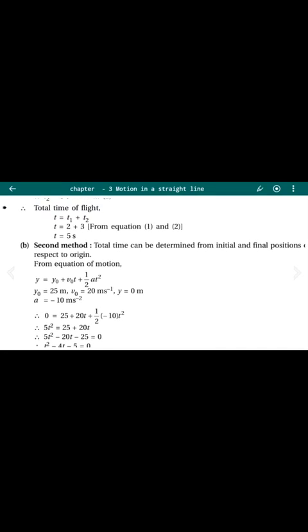Here we are taking y instead of x because the motion of the ball is along the y axis. So y minus y0 equals V0 t plus half AT square. It can also be written as y equals y0 plus V0 t plus half AT square.